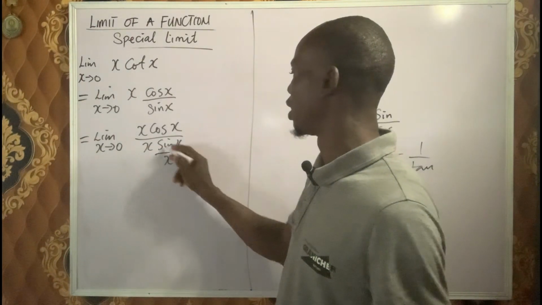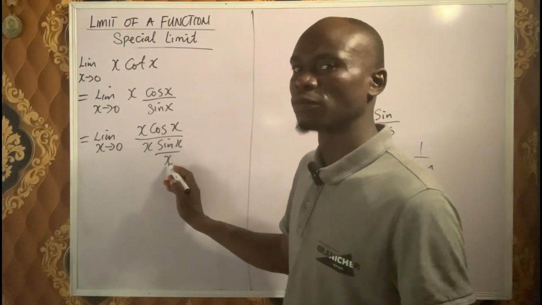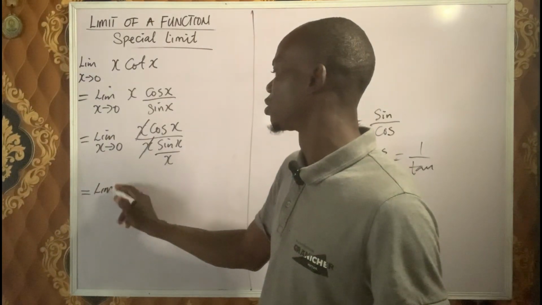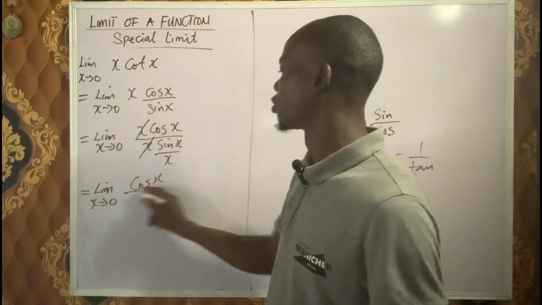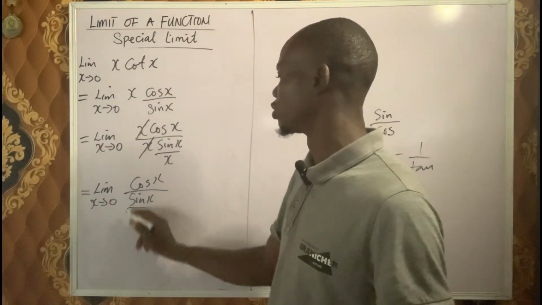So making the sine x special limit means I'm introducing x over x to it. So at this point, x can go, leaving us with limits as x tends to 0, cos x over sine x over x. Now all of this is 1.